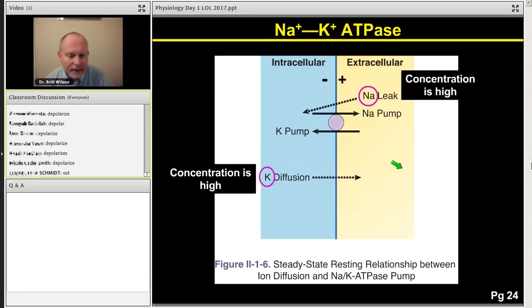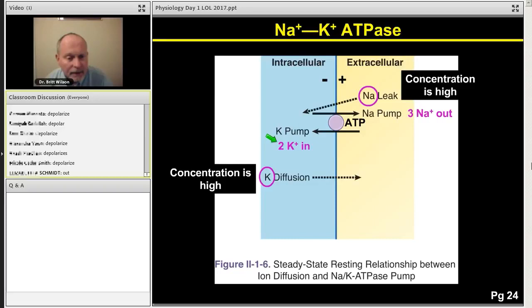So what does the cell develop to fix that? The sodium-potassium ATPase. It's going to take that sodium and say, get back out of the cell. Hey, potassium, you come back. So it's going to pump sodium out and bring potassium in, a stoichiometry of 3 sodium out, 2 potassium in.